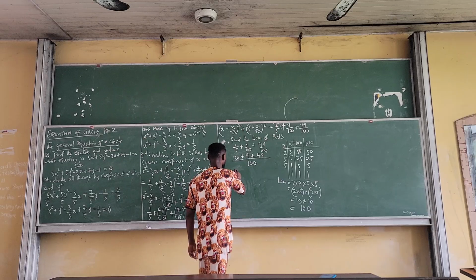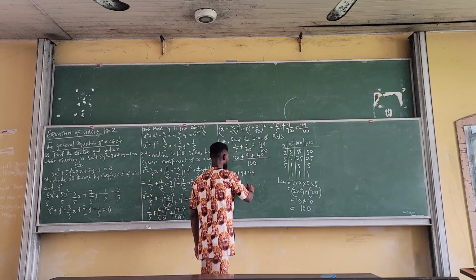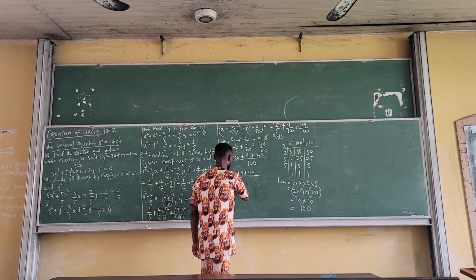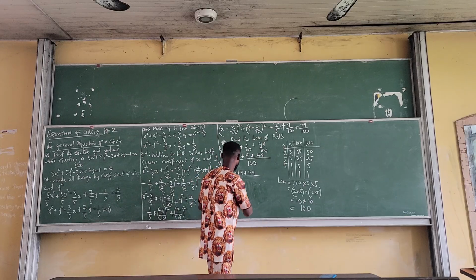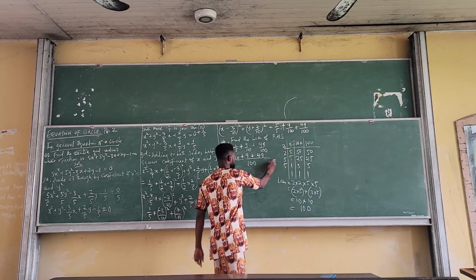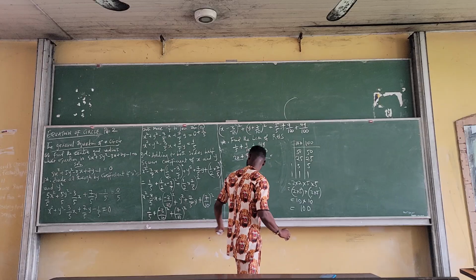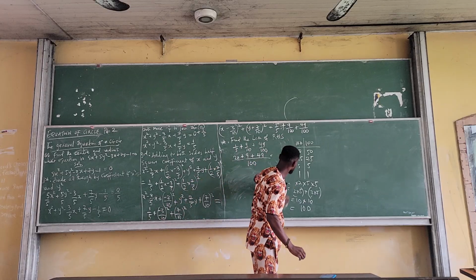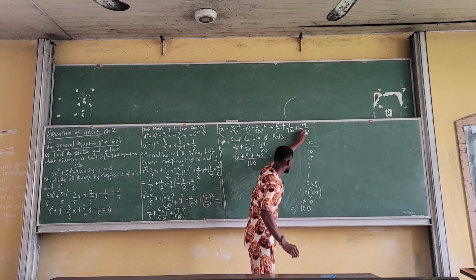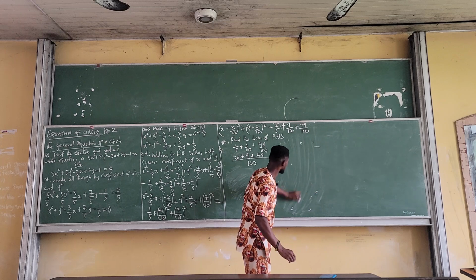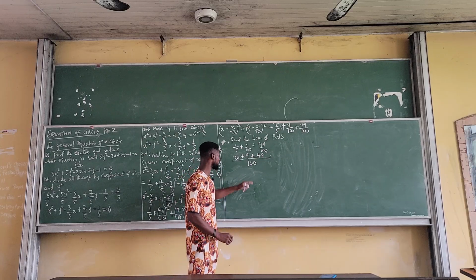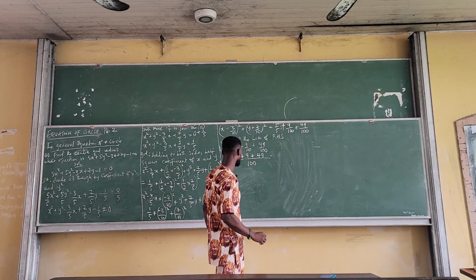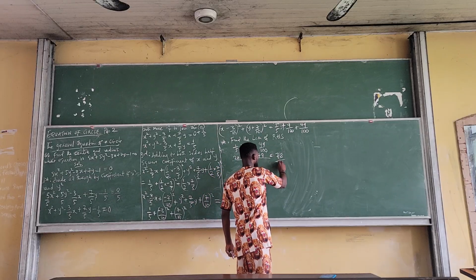So 20 plus 9 gives us 29. 29 plus 49 will give us 78 over 100.